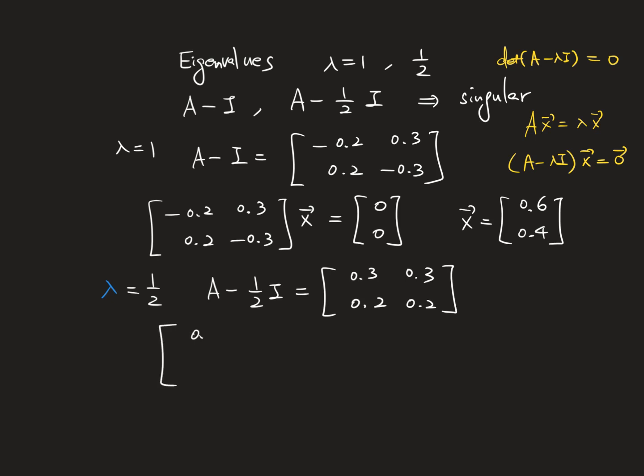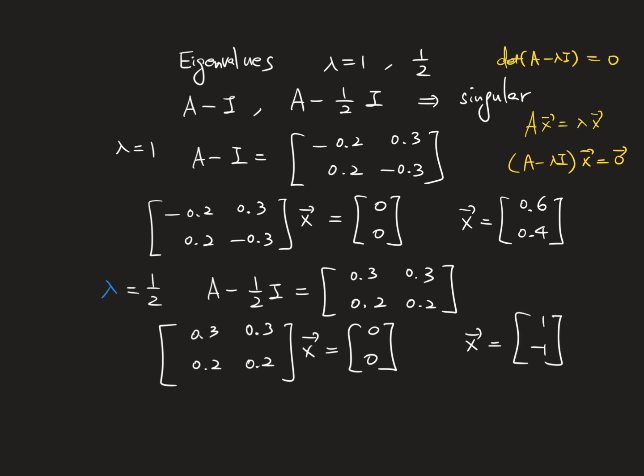And we want to find the solution of this equation, because the answer will be the eigenvector for the eigenvalue 1/2, and the answer is 1, minus 1. And as I said before, any non-zero multiple of this vector will be an eigenvector.